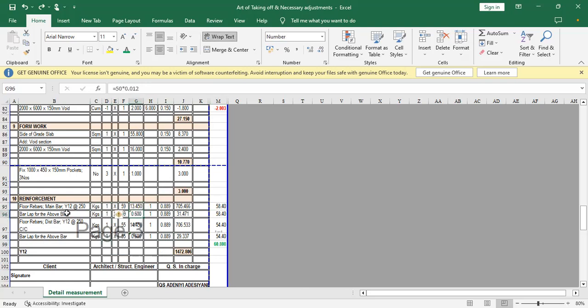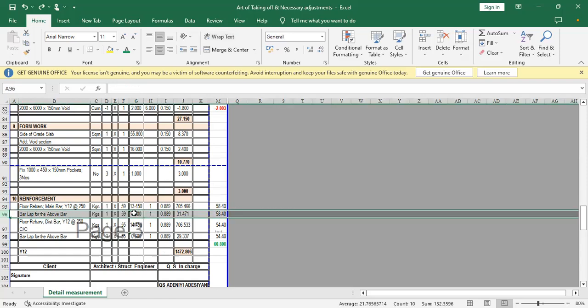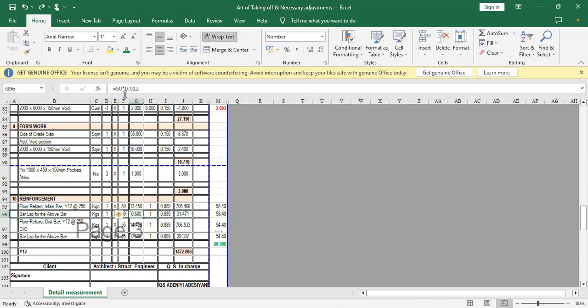Therefore, there is need for us to add what we call bar lap, which is most times 50 multiplied by diameter. In this case, the diameter we are dealing with is 12 mm, which is equal to 0.6 meter here. If you follow standard on site, the cut length of your bar lap is going to be in the region of 500, 600, depending on the diameter of the reinforcement.